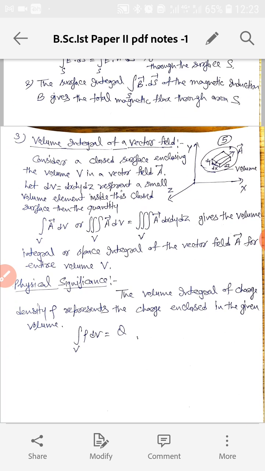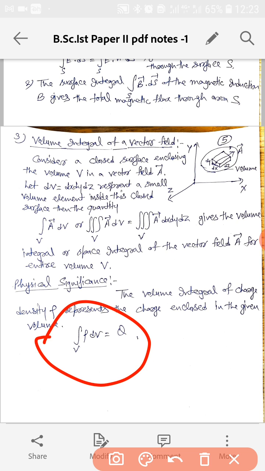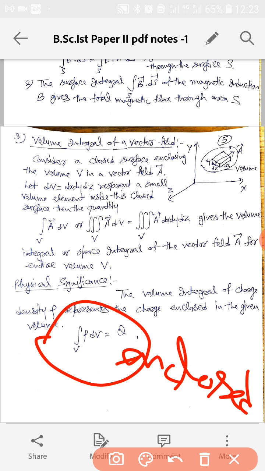This value is actually the total charge enclosed, which we can calculate if we know the charge density rho. Then we can calculate the total charge q within that volume. So this is the physical significance of the volume integral of a vector field.